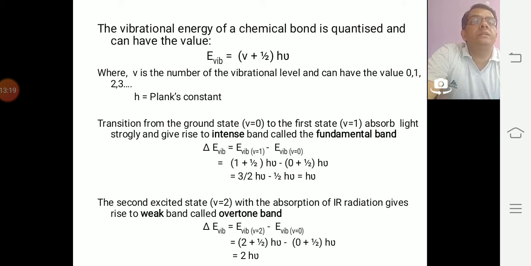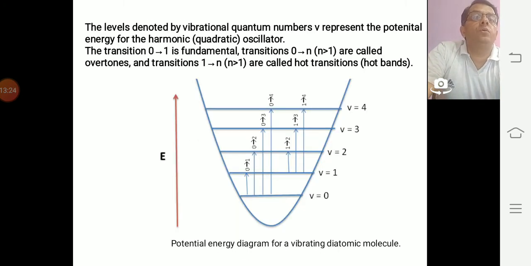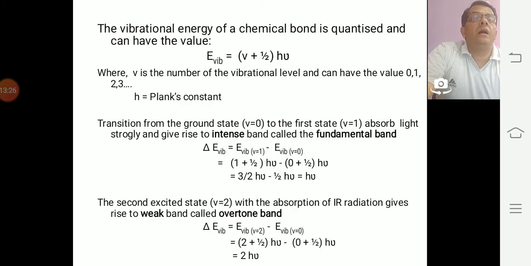Transition from the ground state, V equal to 0, to the state V equal to 1 absorbs light strongly and gives rise to an intense band called the fundamental band, and delta E vibrational equals E vibrational at V equal to 1 minus E vibrational at V equal to 0. When we put in these values, it equals (1 plus half) h nu minus (0 plus half) h nu, and it is around h nu.